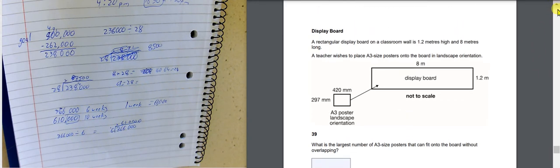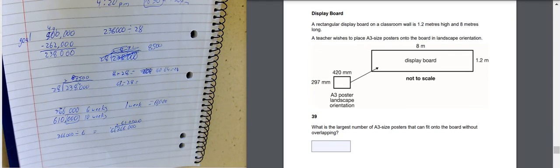Display board. A rectangular board on a classroom wall is 1.2 meters high, 8 meters long. The teacher wishes to place A3 size posters on the board in landscape orientation. What is the largest number of posters that can fit without overlapping? So as we can see, we've got quite different measurements, meters and millimeters.